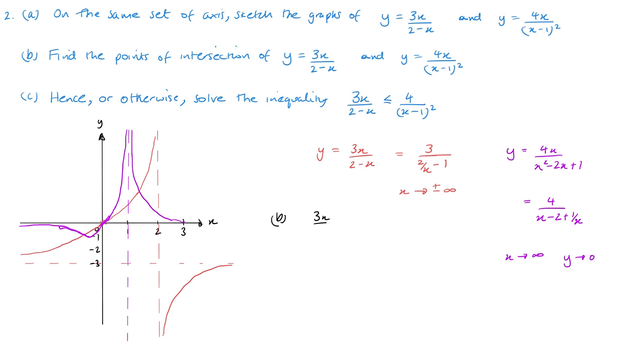So 3x over 2 minus x equals 4x over x minus 1 squared. So that is 3x times x minus 1 squared equals 4x times 2 minus x. If I take everything to one side, let's actually expand that. x squared minus 2x plus 1.